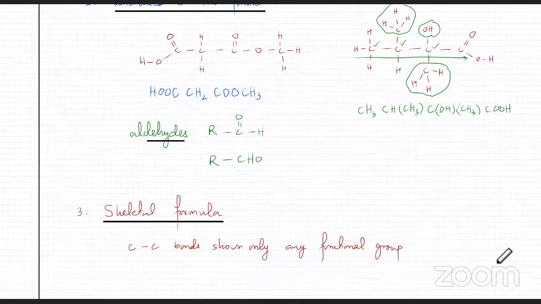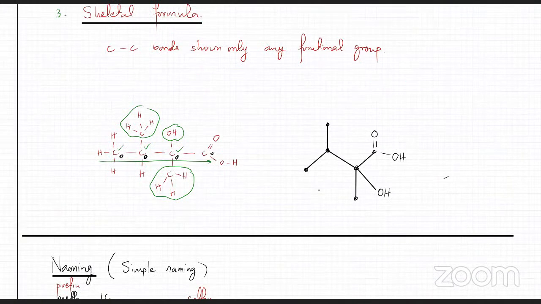And then there were skeletal formulas, where you would just draw the carbon atoms, and they would be represented by dots. So you had 4 carbon atoms, that's 1, 2, 3, 4 carbon atoms in a line.